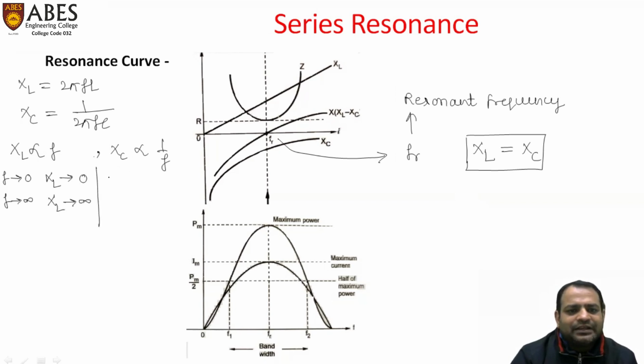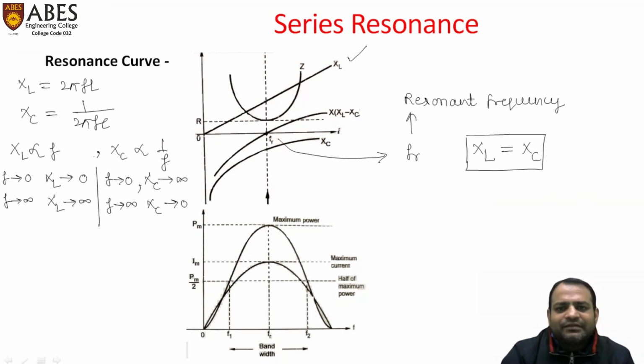For XC, if frequency is tending to 0, XC is tending to infinity, or if frequency is tending to infinity, XC is tending to 0. So this is our XL curve, which is proportional to frequency, and this is our minus XC curve.